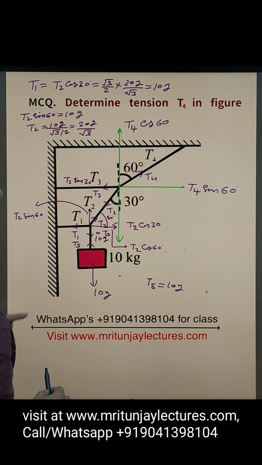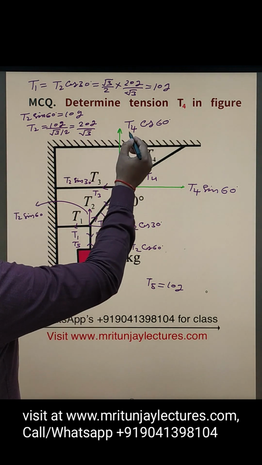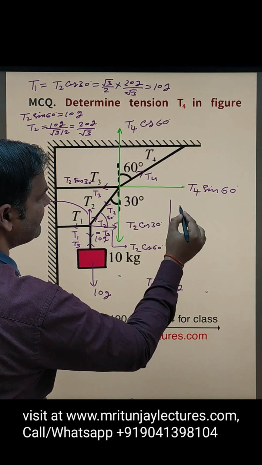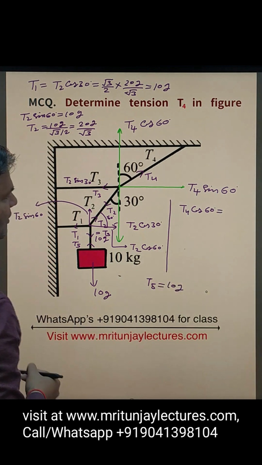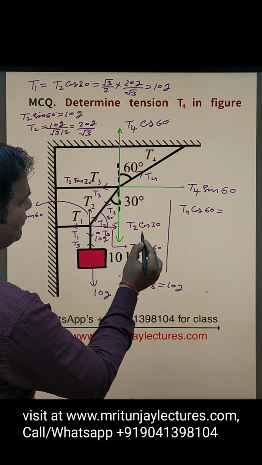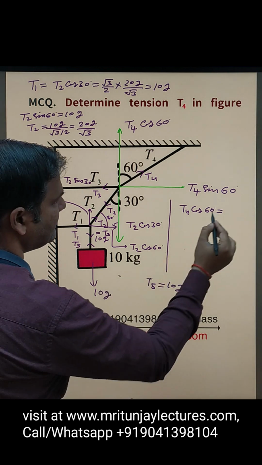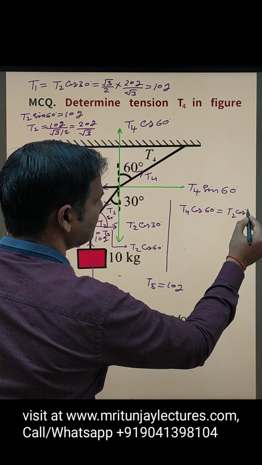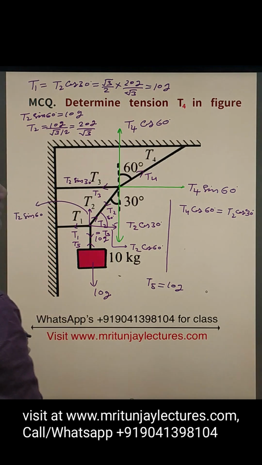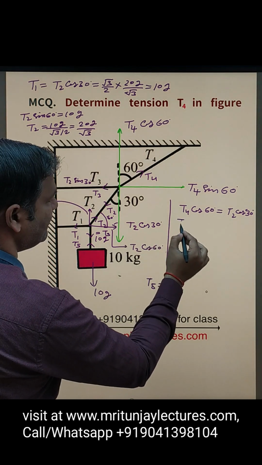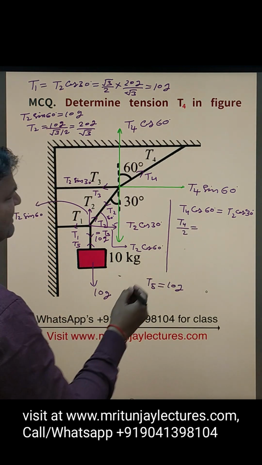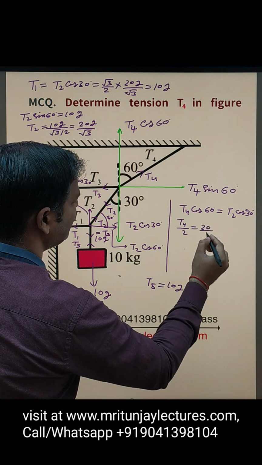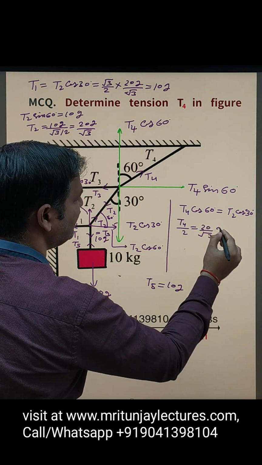Okay. Now whole system in equilibrium. So T4 cos 60, this will equal to how much? T2 cos 30, that is T2 cos 30 degree. Okay, cos 60 is how much? 1 by 2. So T4 times 1 by 2, this will equal to T2, which is 20 by root 3 into g.